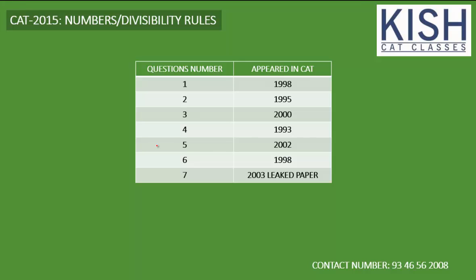So if there are only a limited number of questions instead of 50 questions, they need to find a lot of easy questions from many chapters, not just from numbers. Divisibility rules is just one part of numbers. We have got number geometry, algebra, arithmetic, modern math. So that's why we don't have divisibility rules. So the most difficult divisibility rules questions are also covered in this video.